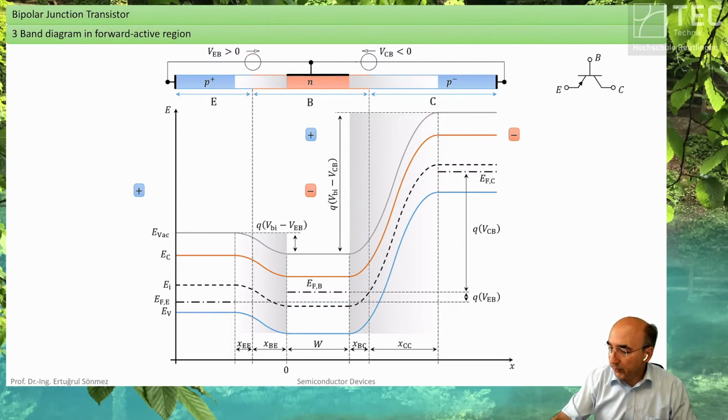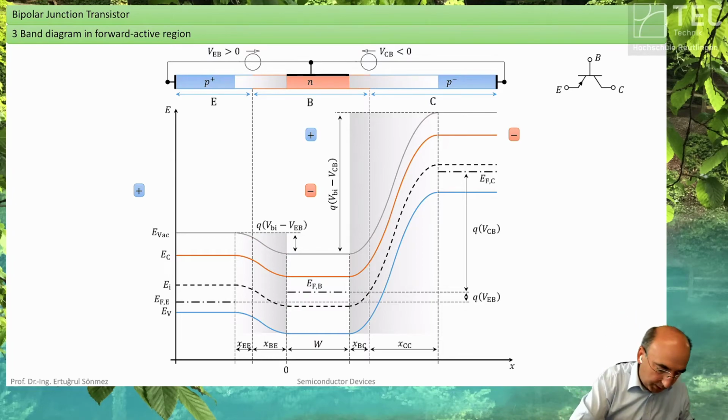What we have learned at the space charge boundary of a diode which is reverse biased. Let's go back to this condition.